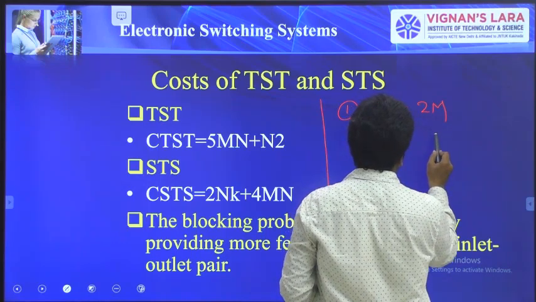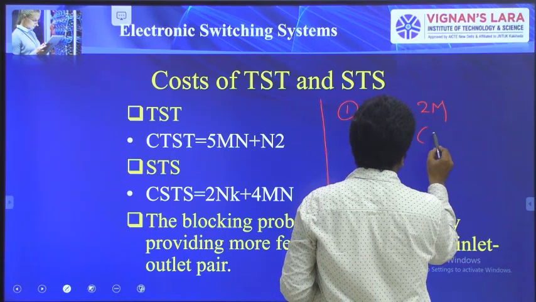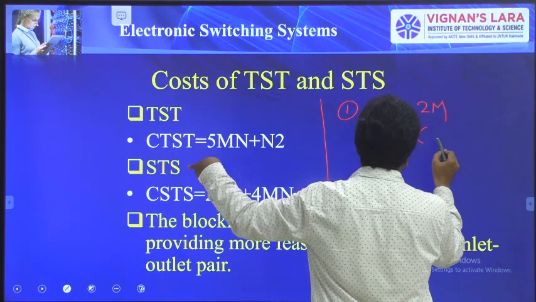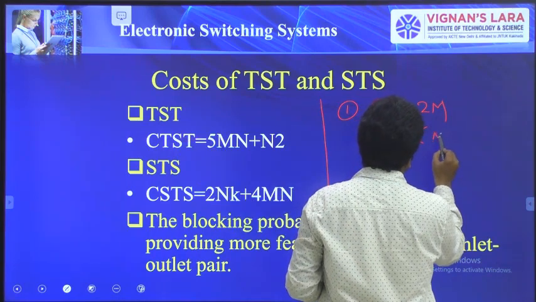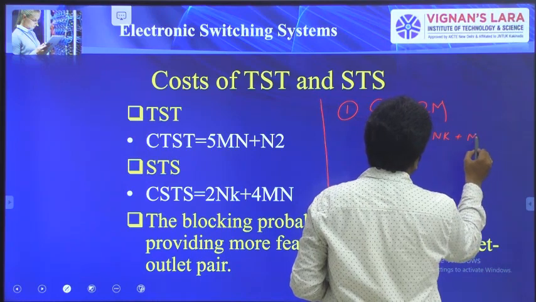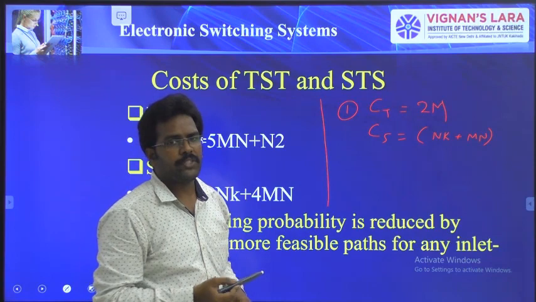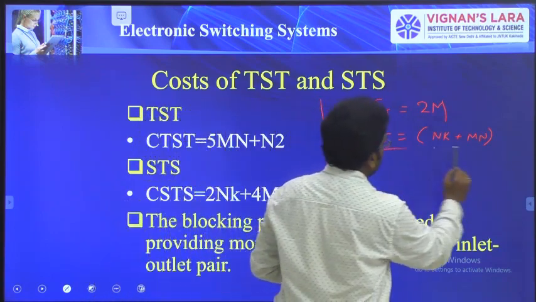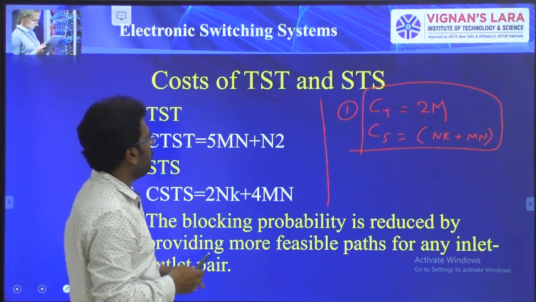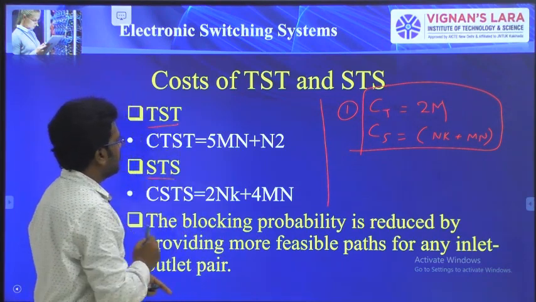It generally refers to the number of space arrays, so generally it is NK plus MN per space-time switch. With the help of these two formulas, we are going to find the cost of TST as well as STS.